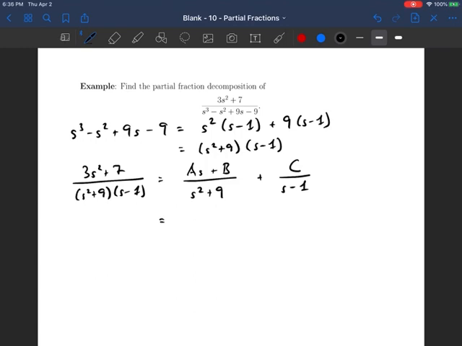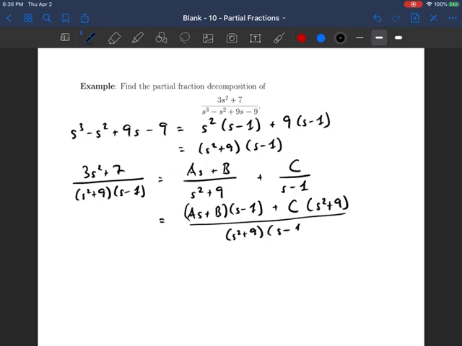Now it's on to the step that we haven't actually carried through yet, but that I described earlier, which is we have to get ourselves a common denominator here. So that means this first term has to be multiplied by s minus 1. So we get (as plus b) times (s minus 1). And the second term, the c, has to be multiplied by s squared plus 9. And then the whole thing will be over (s squared plus 9) times (s minus 1).